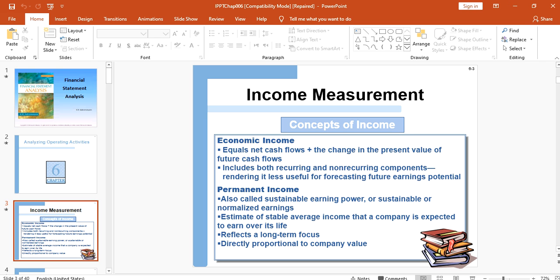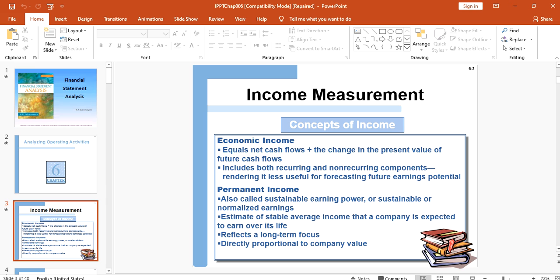In order to know that the company is doing well and the operations of the company are healthy and good, or also to know that the company is growing, or any other criteria for the performance of the company refers to the income.